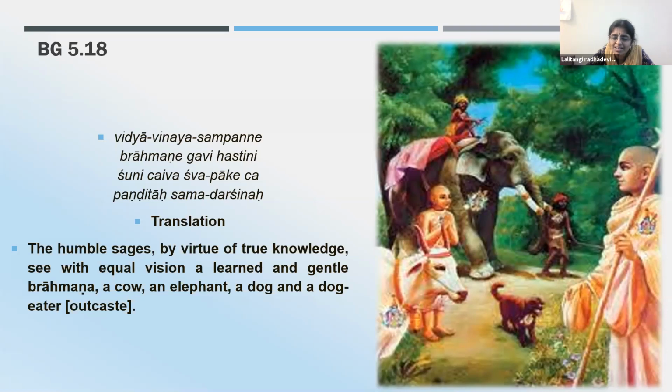This is in a lecture, I'm not sure, 1974 or 75. If we can find it, at the end of the lecture he's actually crying, thanking the devotees because they are helping him in his mission to fulfill his spiritual master's order.